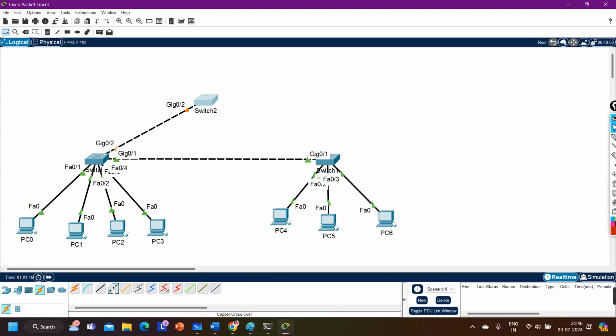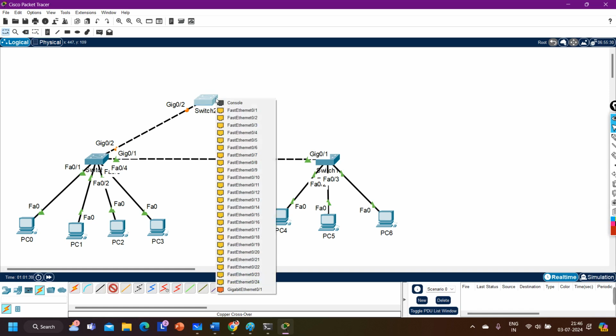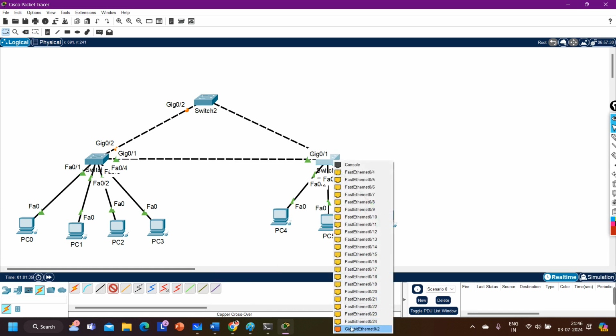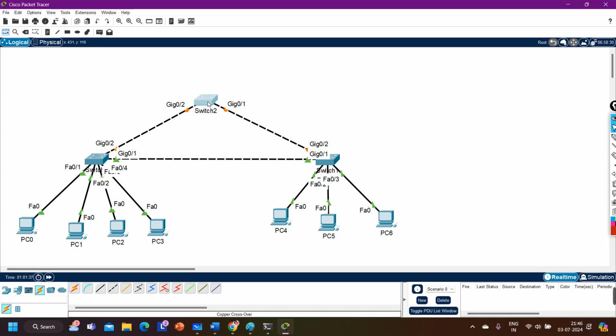And see, if I use the automatic cable, then also I can connect it. But it has connected to a fast Ethernet port. So let me connect it manually, G0/1 to G0/2. So is connectivity fine? Yes, connectivity is fine.